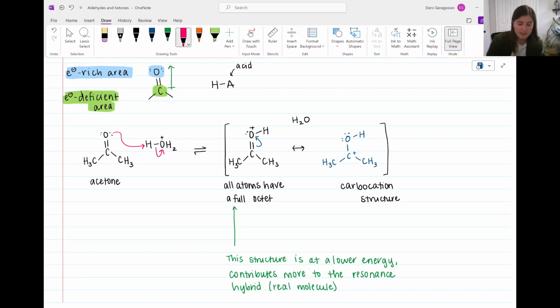Okay, so we use resonance to understand the properties of this molecule. This also helps us understand the relative acidity here. Usually oxygen, when it has a positive charge and it has a hydrogen bonded to it, that's a pretty strong acid. Well, the pKa of this molecule, after being protonated, is approximately -7. So this is a pretty strong acid.